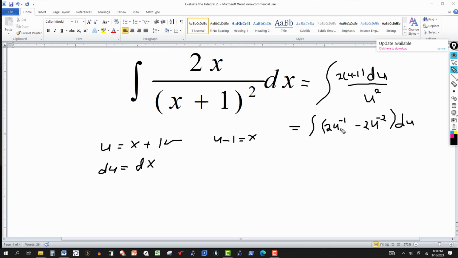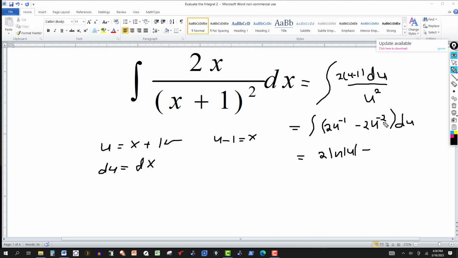And then this is just like using the basic power rule for integration. We add 1 to this one here, but remember this is 1 over u, so the integral of that would be ln of absolute u.